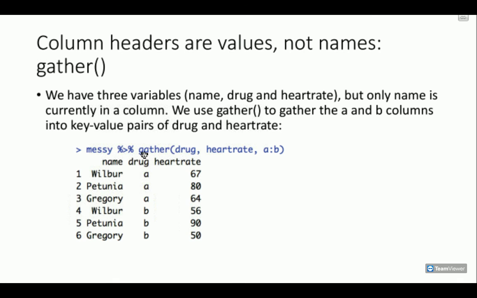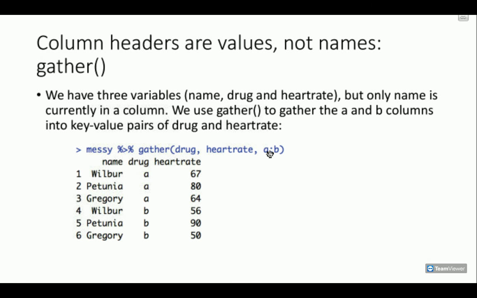But if you're using gather by itself, you'll have to say gather and then give it the data set, messy, as the first argument. Then you give it the names of the new columns that you want, and the third argument is how you want to make this long slender data set.